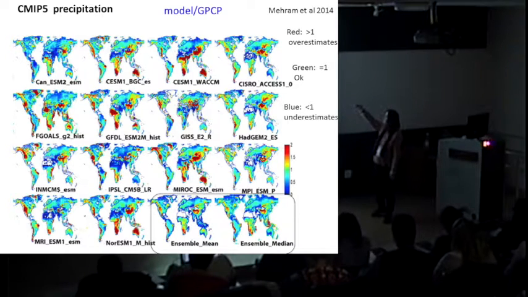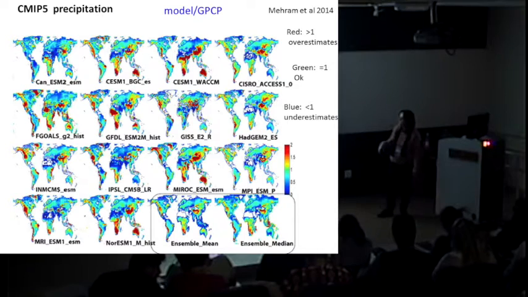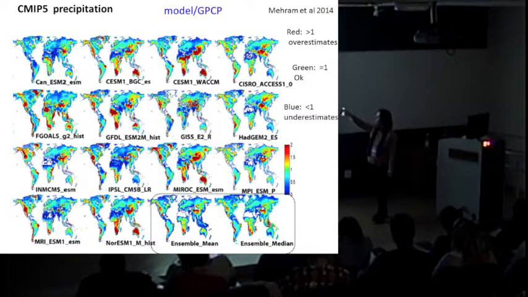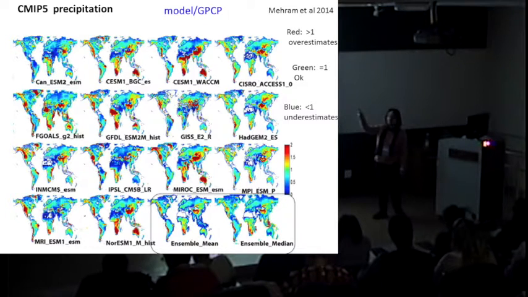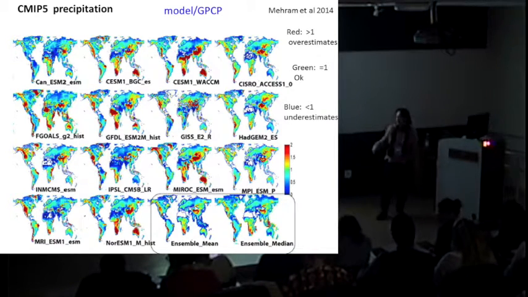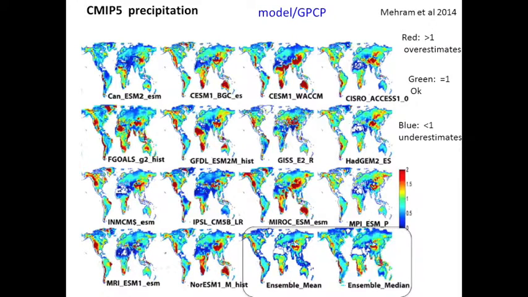And here there are some of the models of CMIP5. We can see many names here, and some of these are from Canada, from the United States, from MIROC, for example, Japan, France, and Australia.